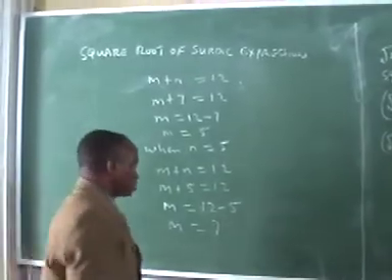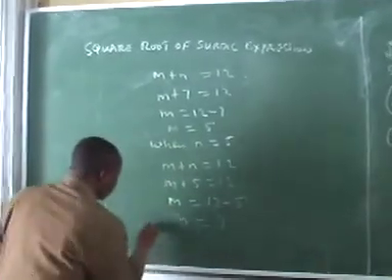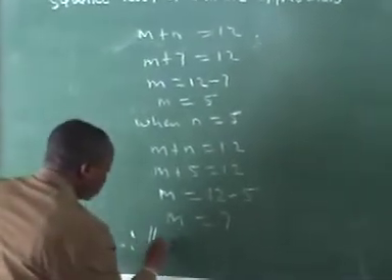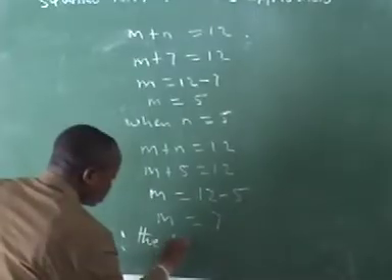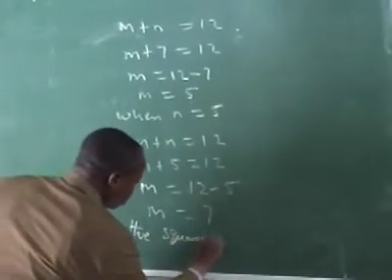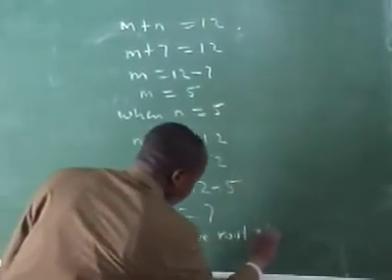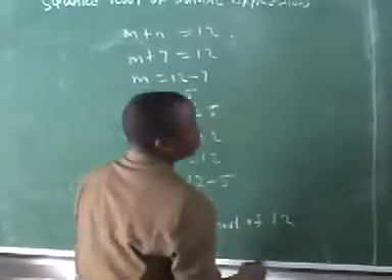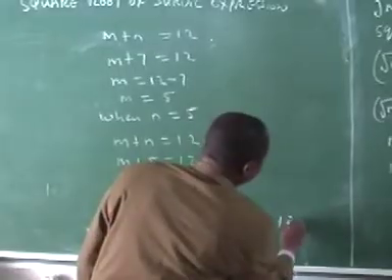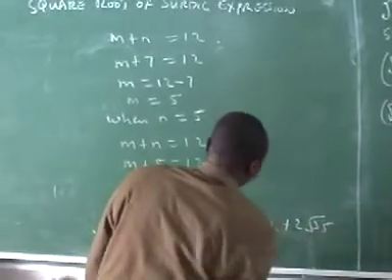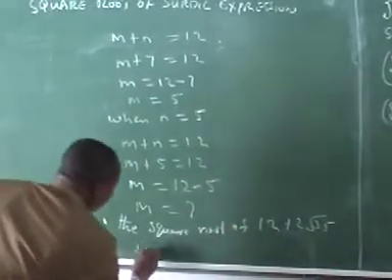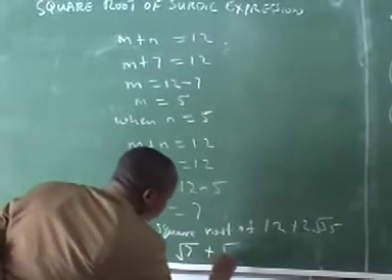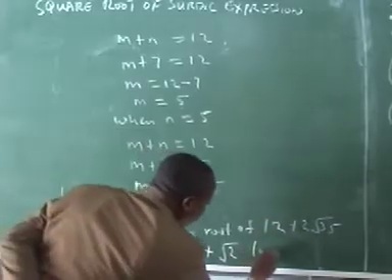Now what it means, we can conclude that therefore the square root of 12 plus 2 root 35 is root 7 plus root 5, all squared.